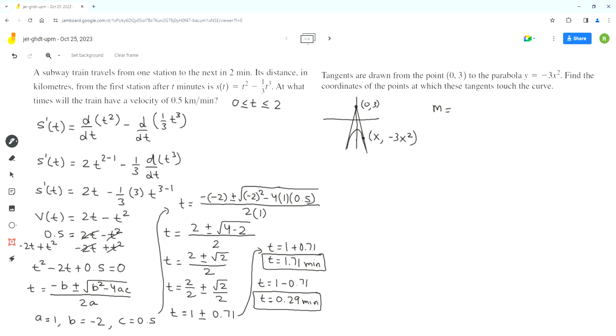So m equals y prime, which is equal to the derivative of negative 3x squared over dx. Now negative 3 is a coefficient, so we can move it to the front, and then take the derivative of x squared.